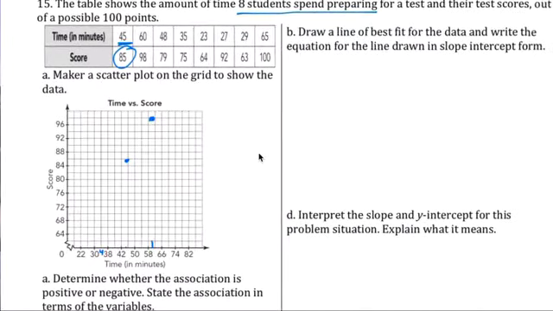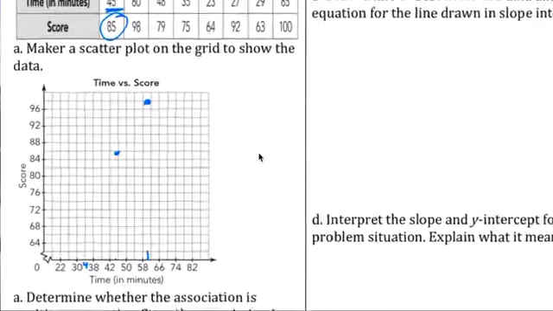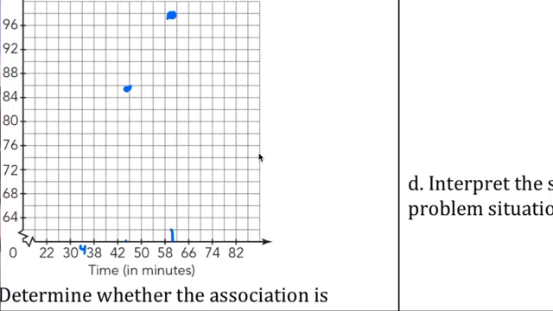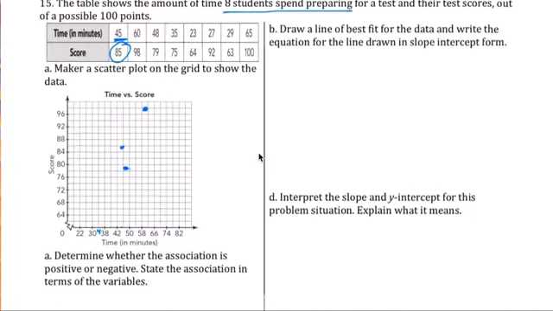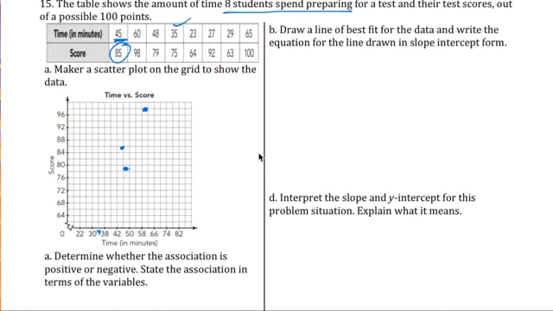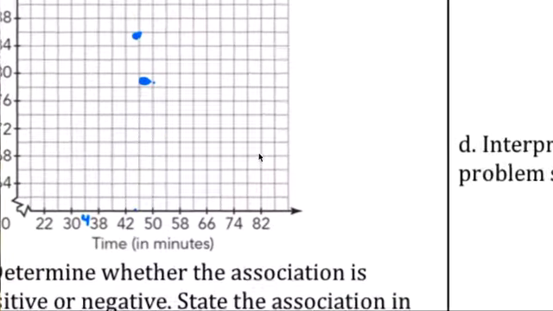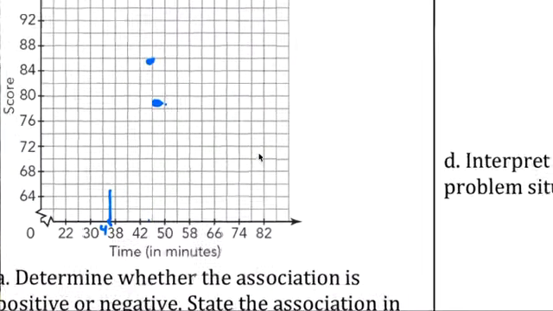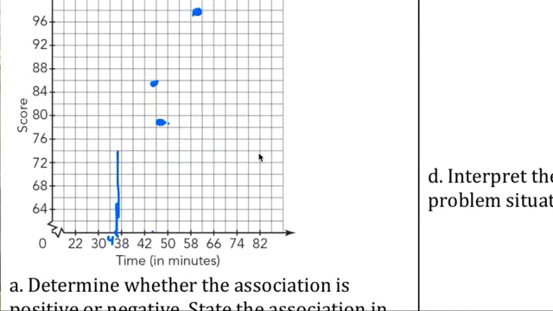And then 48, 79. 79 is somewhere before 80, somewhere there. Estimate it. You can have a scatter plot. 35, 75, somewhere below 76.